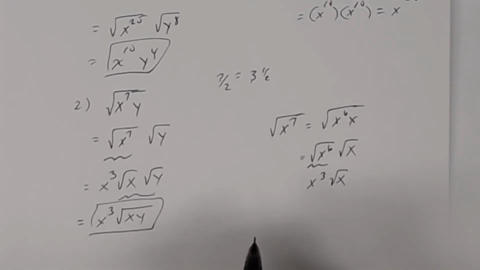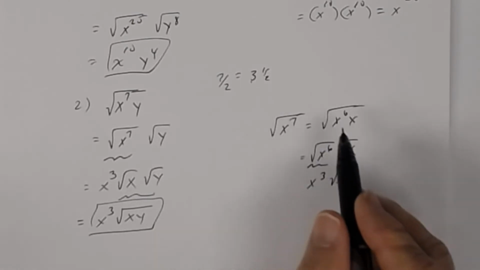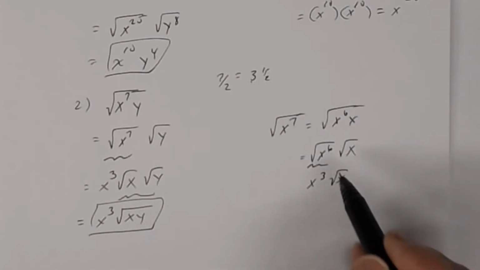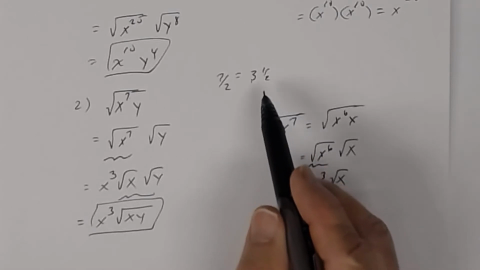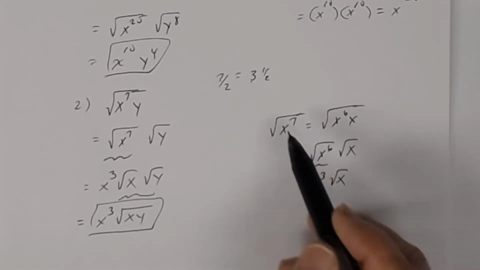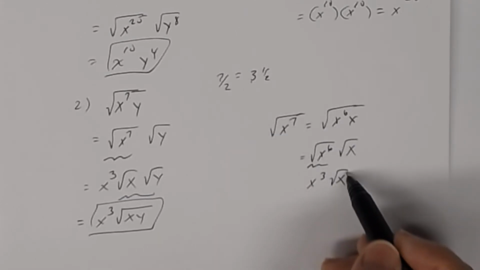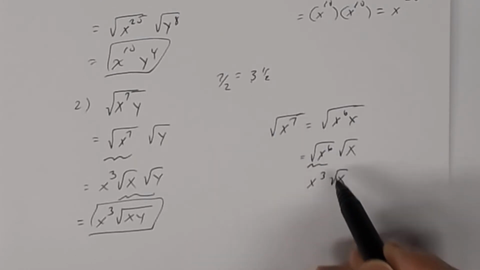Check yourself using that shortcut, but make sure you do it this way first because that's where the understanding is. 7 divided by 2 is 3.5, so 3 has to be the exponent on the outside, the numerator of the fraction is the exponent under the radical, and the 2 is the index, so square root.